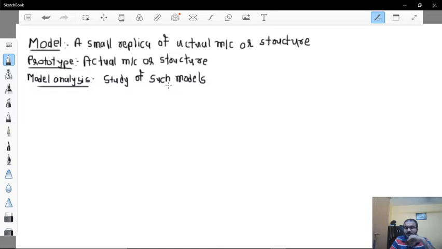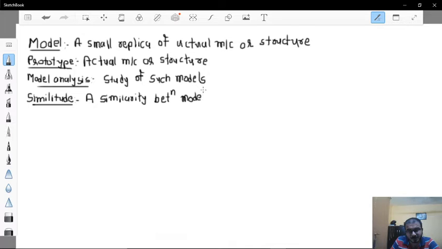Now let us define the next term, that is similitude. A similarity between model and prototype in every aspect.